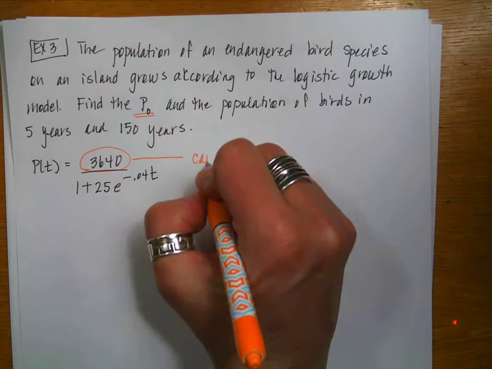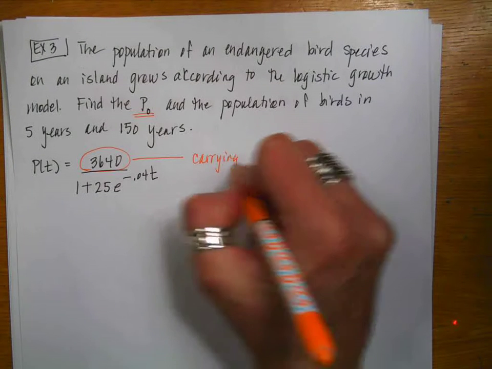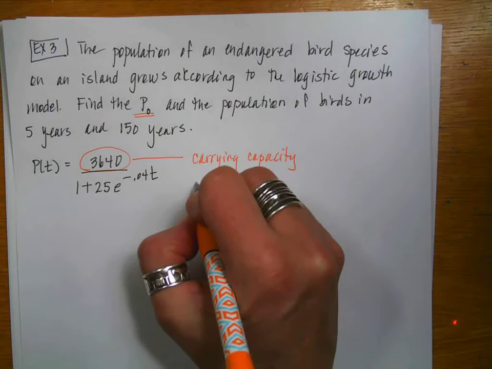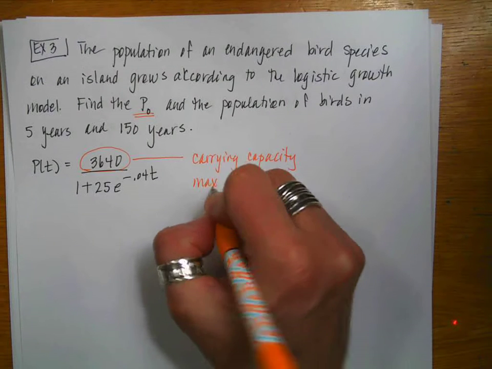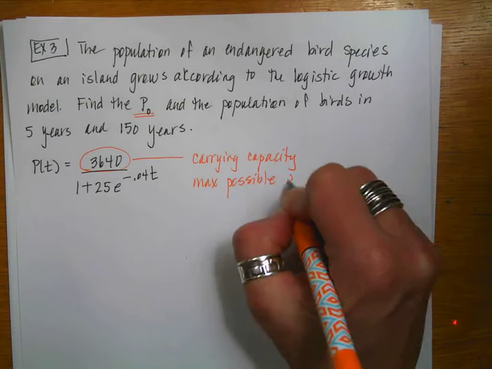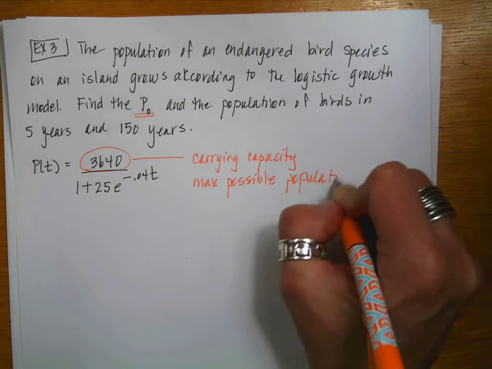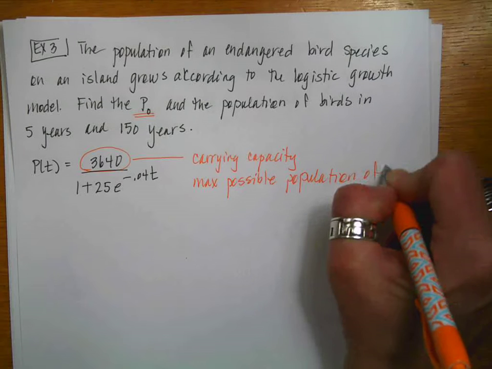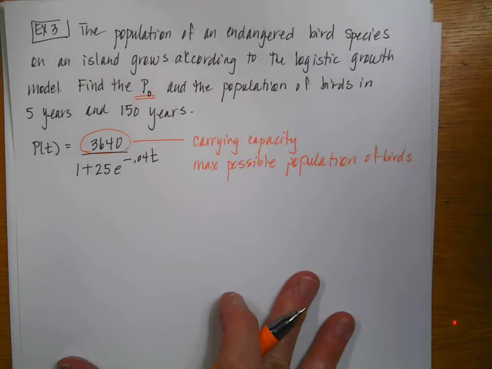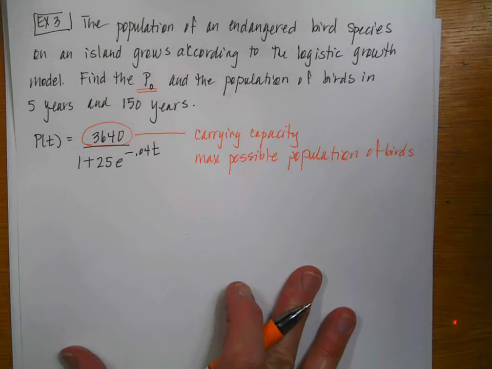This 3640 is the carrying capacity, and that means that is going to be the maximum possible population of birds. And maybe because we're on an island, it's because that's all the food sources can support.